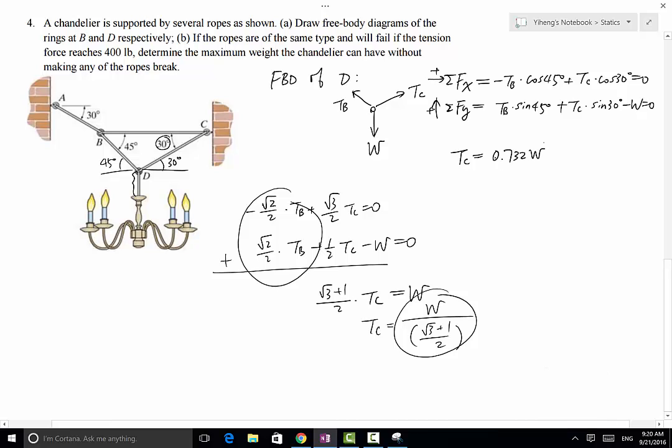TC solved this way equals 0.732 W. Then I can substitute that into the first equation, because from the first equation, TB equals square root of 3 times TC divided by square root of 2.